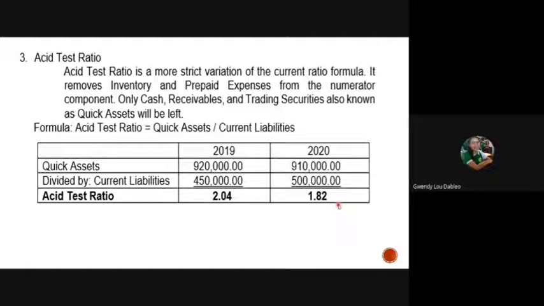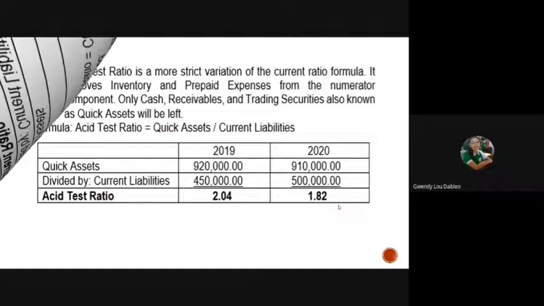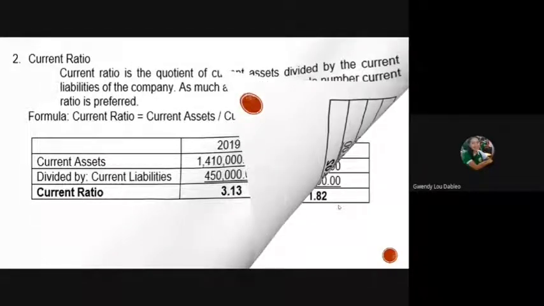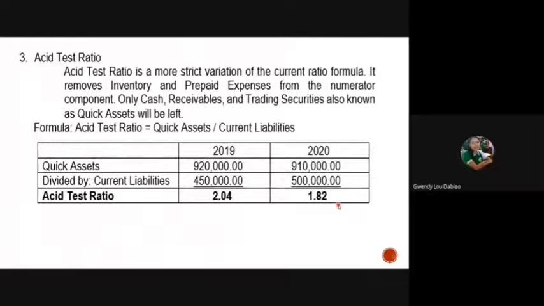Kayang bayaran sa company ang iyang mga utang gamit lang ang mga quick assets. So comparing both years, no, for the year 2019 and 2020, it would reveal that the company was better off in 2019 compared to 2020. So kung ganina, kani si current ratio, mas better ang result sa 2019 compared to 2020, the same na diay gihapon sila sa acid test.